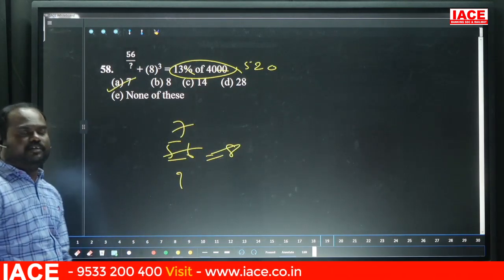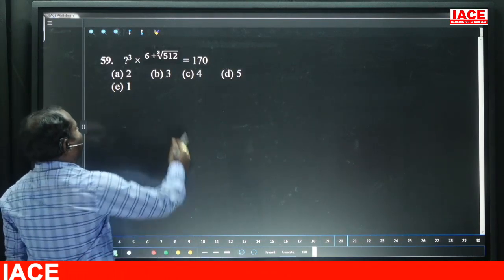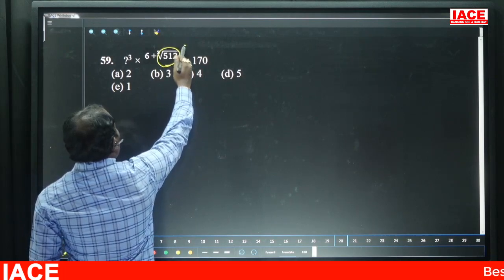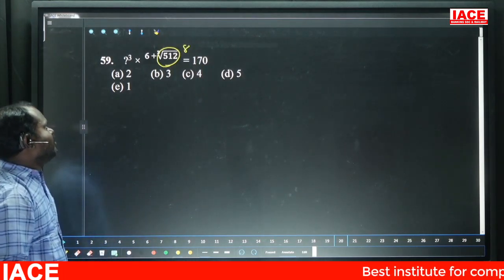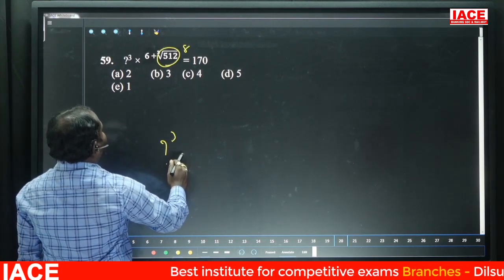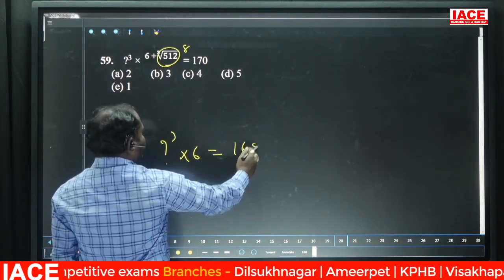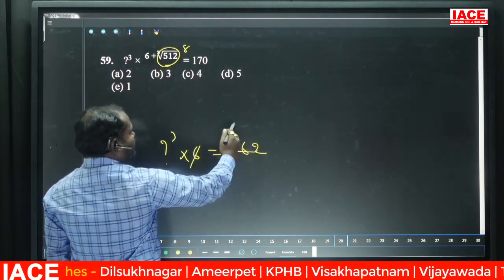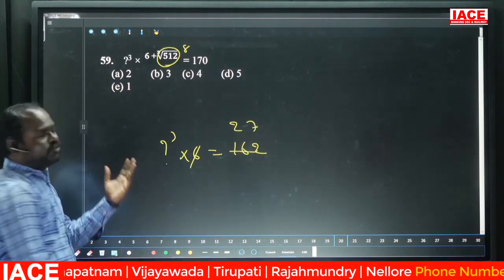Option A. Next, fifth root of 512, nothing but 8. Plus 8 becomes minus 170 minus 8, 162. So question mark cube into 6 is equal to 162. 6 2's are 12, 42, 6 sevens. 27 is which cube? 3 cube.